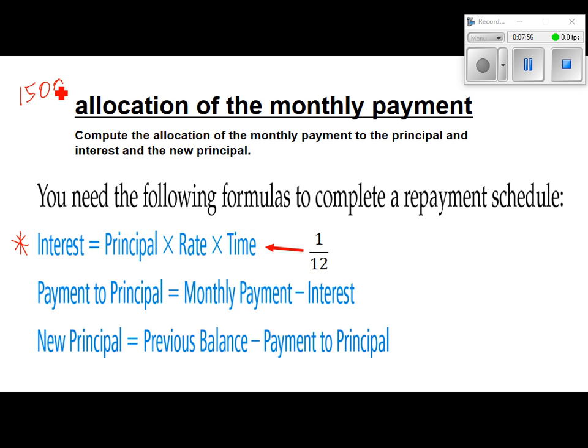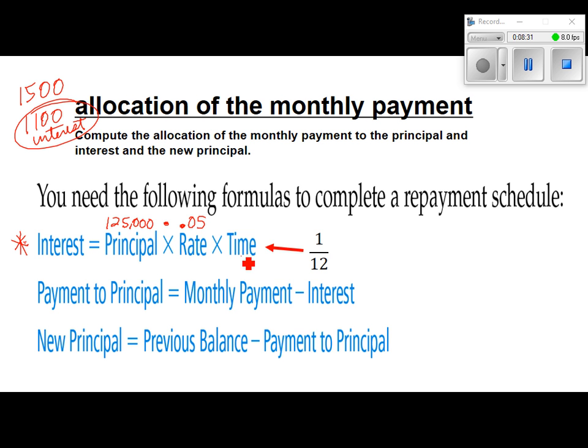That interest might be something like $900, $1,100, something might go just towards interest at the beginning of your loan out of that $1,500. So to figure out the interest that you're paying out of each monthly payment, you take the principal, that's the amount of your loan, so it might be like $125,000, times the rate, that's going to be your percent that you're paying, I don't know, 5% or whatever it is.